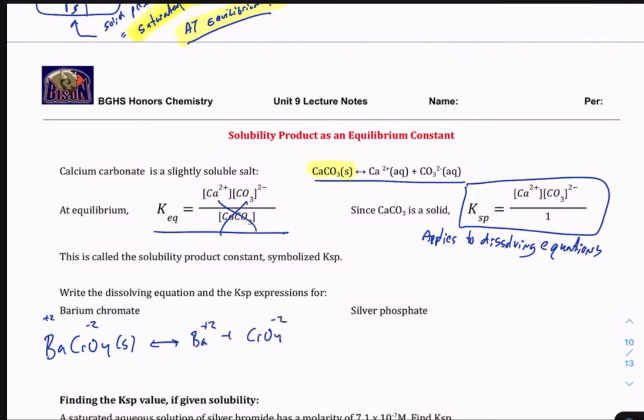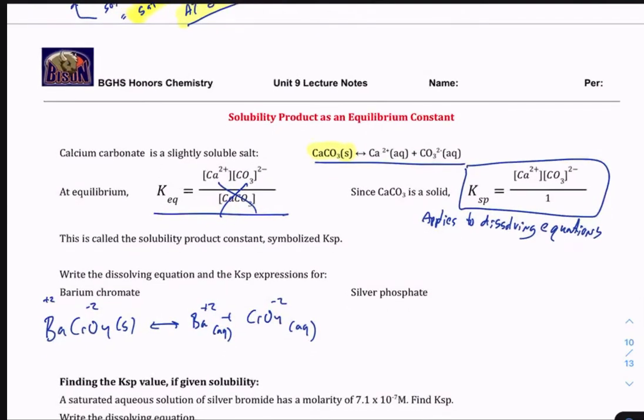Make sense? Now, you'll often see aqueous written after here, and if I wasn't a little bit lazy, I would be writing AQ after everything. But you don't have to write AQ. Why? It's inferred, right, because the charges are given. Ions are aqueous. That's kind of assumed.